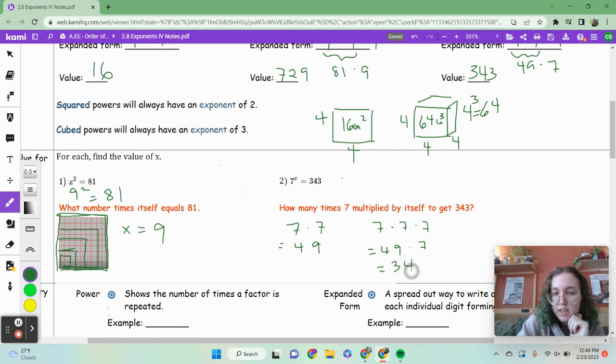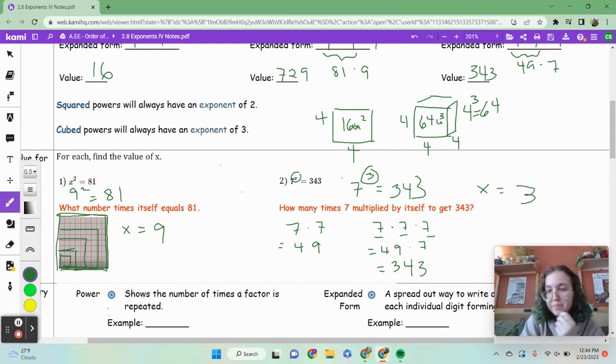So, how many times did I multiply 7 by itself? 1, 2, 3. And that gave me 7 cubed was equal to 343. So, our x is equal to 3 there in that case. X is equal to 3.